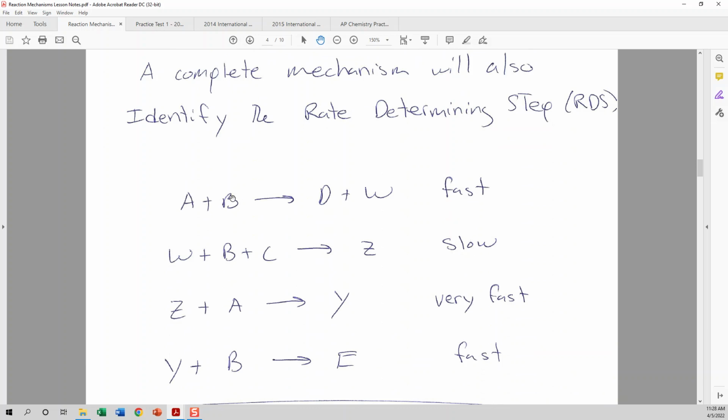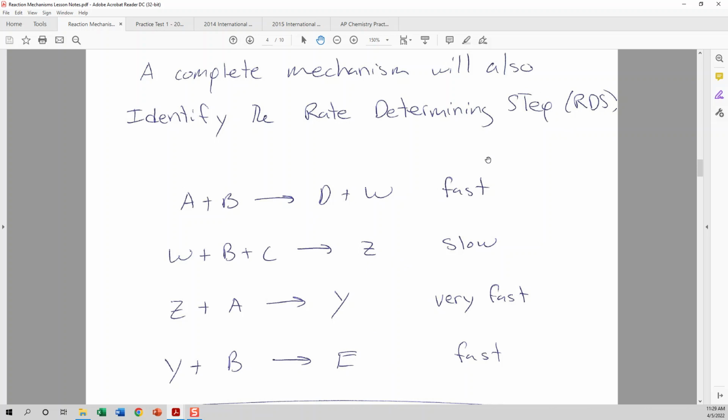They're telling you that this first step happens fast, and the second step is slow, and then this step is really fast, and then that step is fast. So if you have a complete mechanism, or you want to show a complete mechanism, what you have to show is the rate determining step. You have to know which step in the mechanism is the rate determining step.